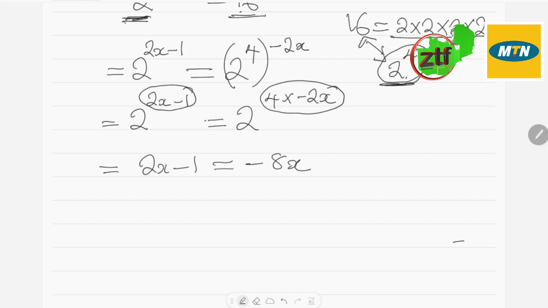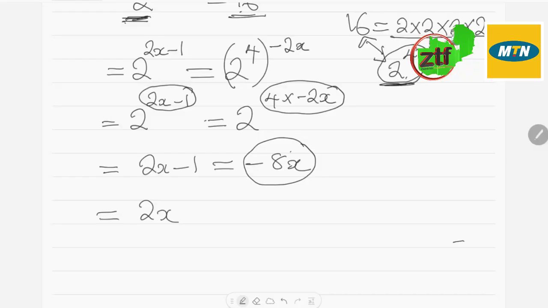So for now, what we need to do is to collect the like terms together to one side, and then be able to find the value of the unknown, which is x. So we are saying 2x, when we transpose this negative 8x to the other side, I said last time it does not cross the equal sign, it does not jump like we are used to saying. So we are just adding the additive inverse of negative 8x to both sides.